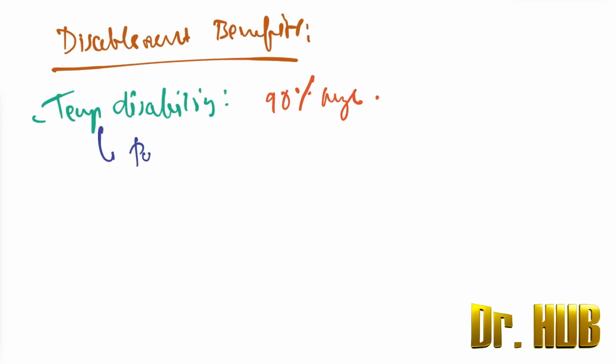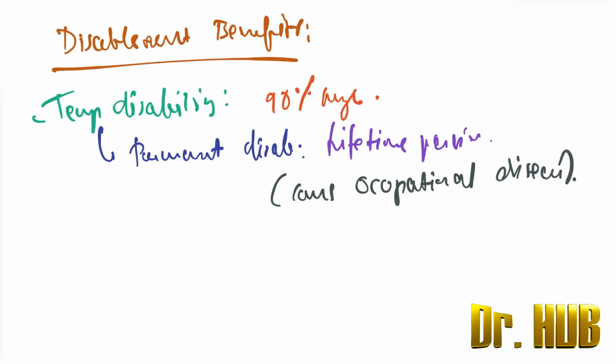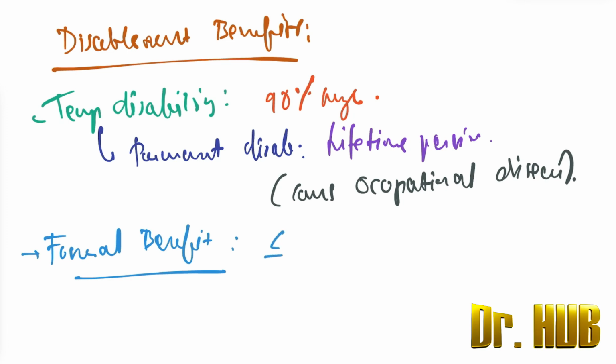Then the permanent disability is a lifetime pension, and it covers occupational diseases as well. Next, we are looking at the funeral benefit, which is a maximum of not more than rupees 15,000.